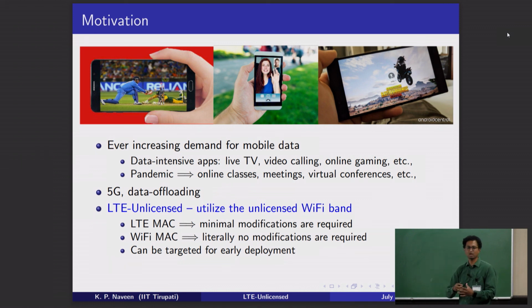Since Wi-Fi is not deployed everywhere, for example in some forest region or on a playground there may not be Wi-Fi, why can't cellular operators use that band to transmit and get higher throughput? That was the primary motivation for LTE unlicensed. Now the challenge is how to achieve coexistence.